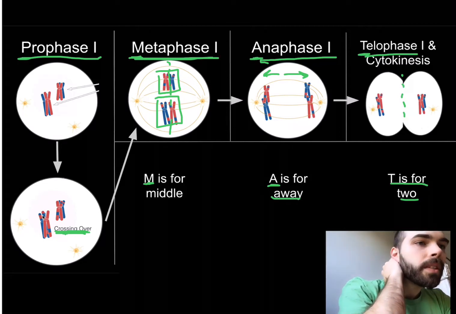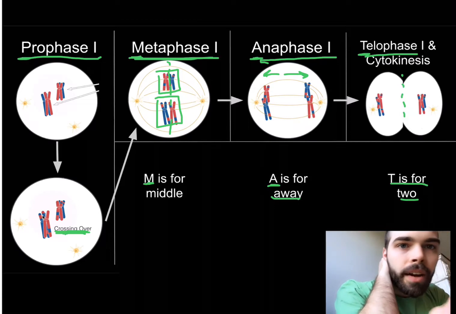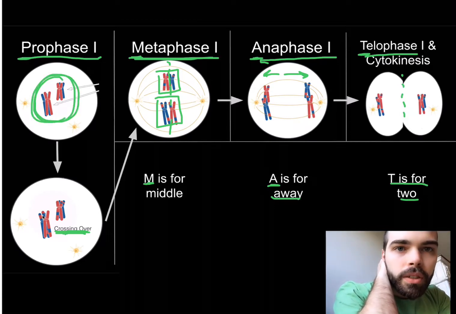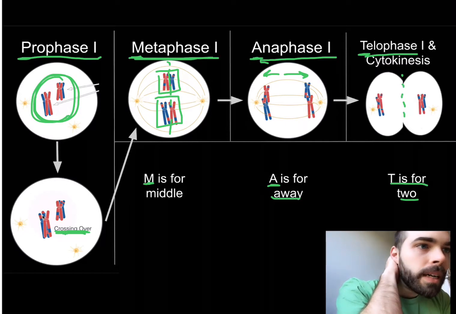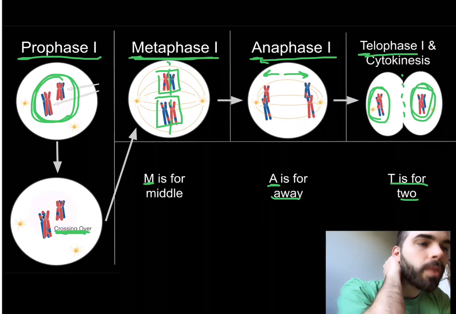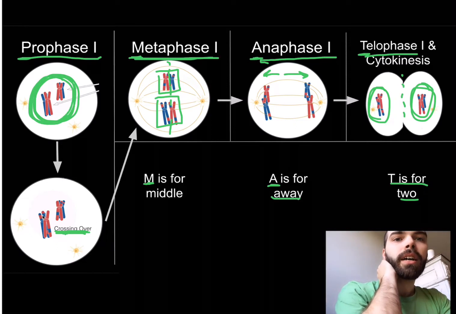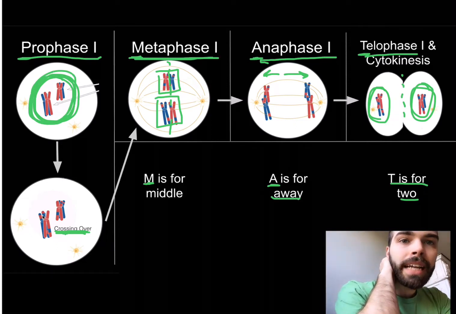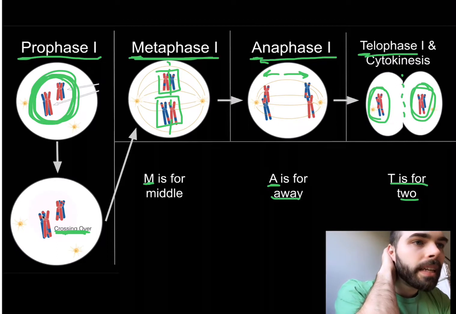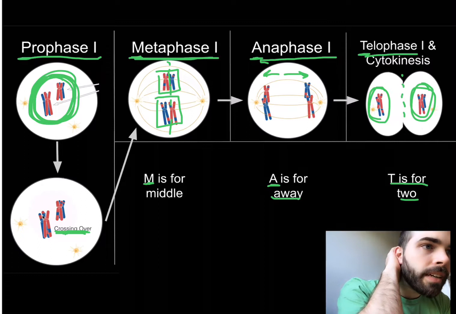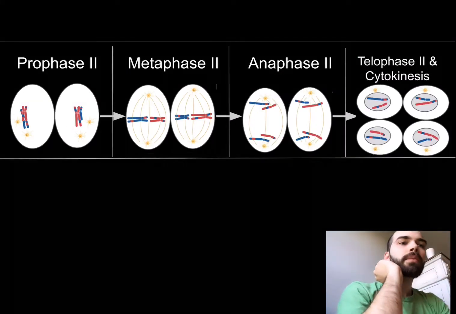So now, notice, we started out with 4 chromosomes in the cell total, but by the end here, we've got only 2, only half that number, because we started out with 2 chromosomes from dad and 2 chromosomes from mom. Now, each cell is only going to have 1 copy of each chromosome, not 2 copies of each.